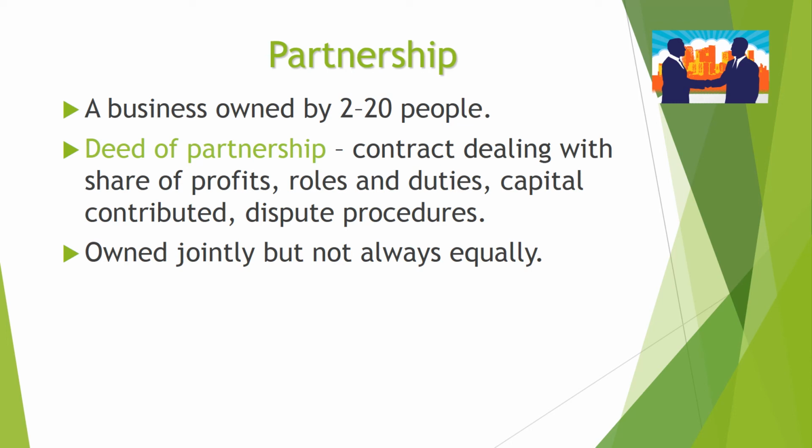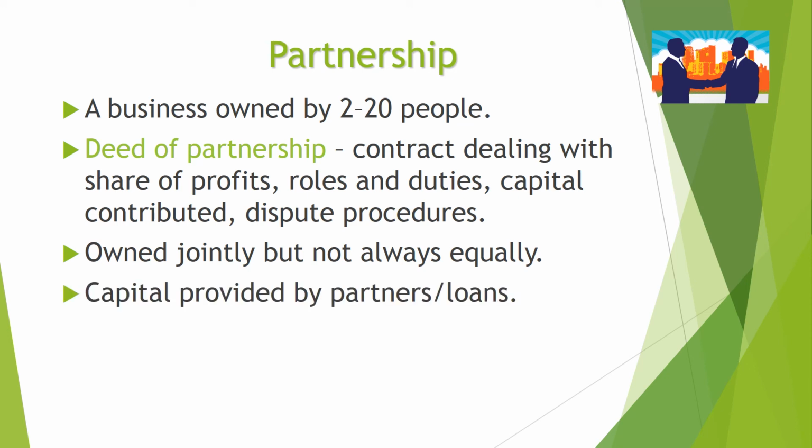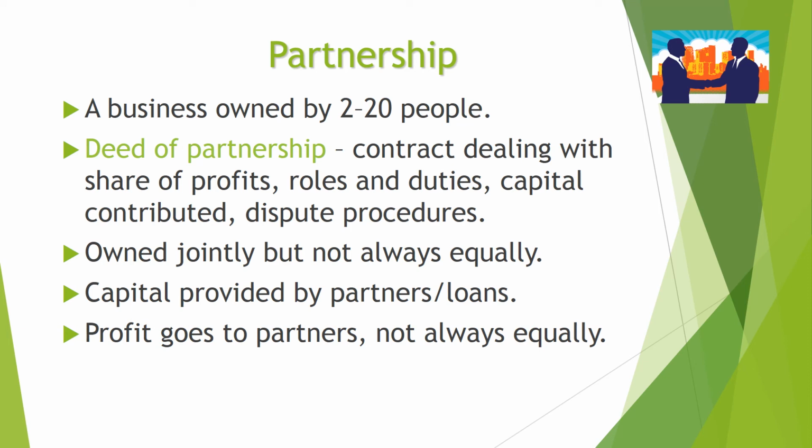It's owned jointly, but not always equally. It depends on how much capital each partner puts into the business. That will determine the amount of say they have, and it will also determine the amount of profit they get at the end of the year. The capital is provided by partners, so each of the partners will contribute their share of capital, however much they can, and they'll also rely on loans from banks, etc. The profit goes to the partners, but not always equally, because if you put more capital into the business, you're going to be entitled to more profit.